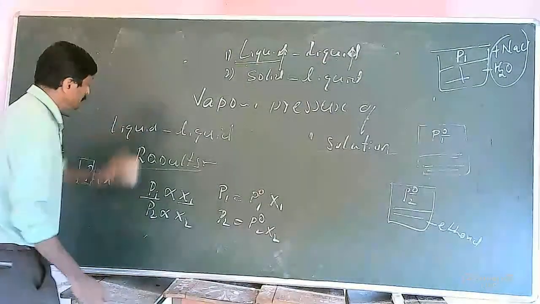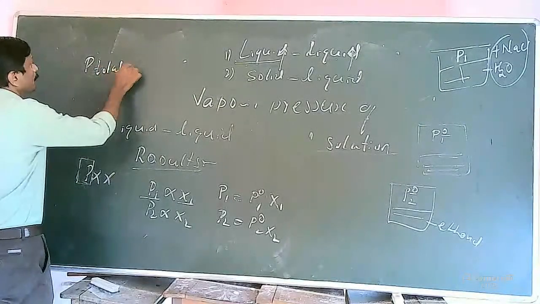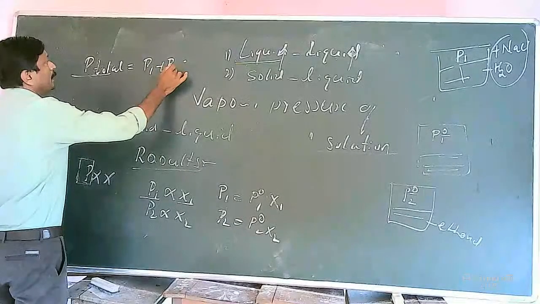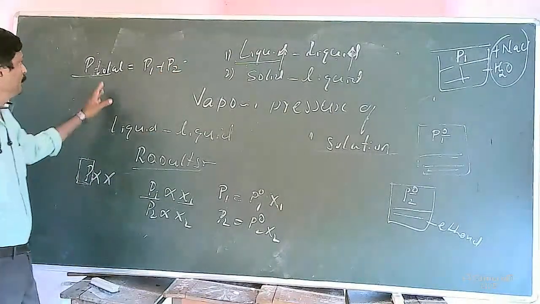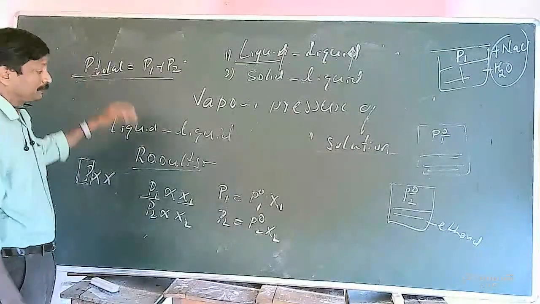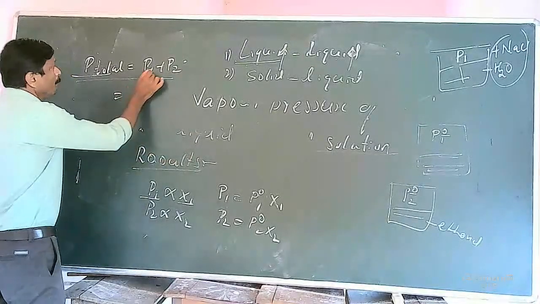See, after that we studied Dalton's law last year. What does Dalton's law say? The total vapor pressure is equal to the partial pressure of component 1 plus the partial pressure of component 2. So this is your Dalton's law. Then what can we write?